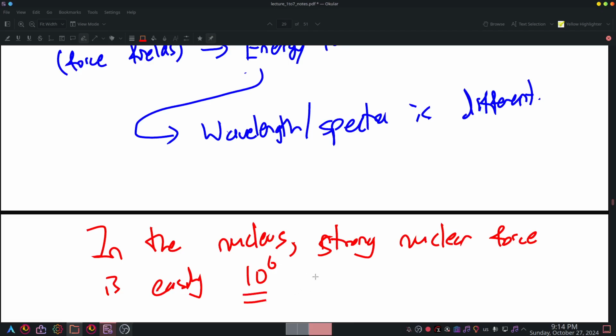Or rather, I should not say the strong nuclear force is 1 million times stronger. I should change the wording.